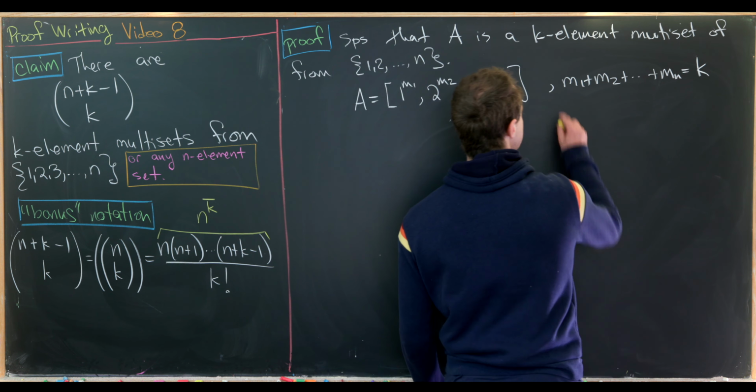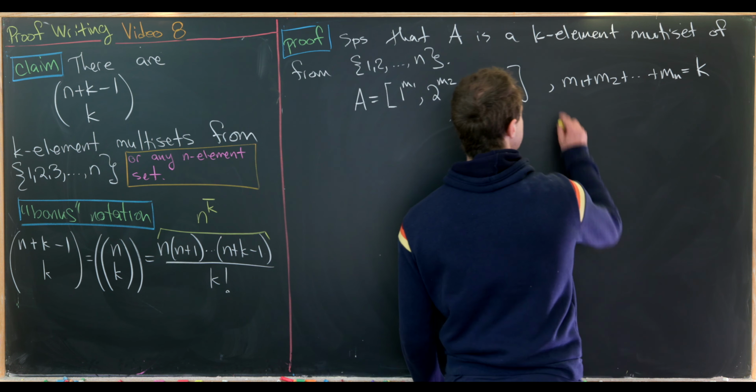Well, that's exactly the binomial coefficient which we learned about in the last video. So that leads us to our result, which is there are n plus k minus 1 choose k such choices. And each of those choices gives us a new multiset. So that counts the number of multisets.